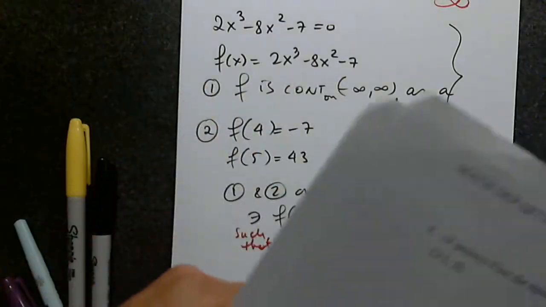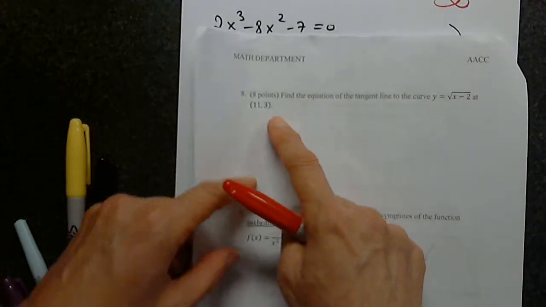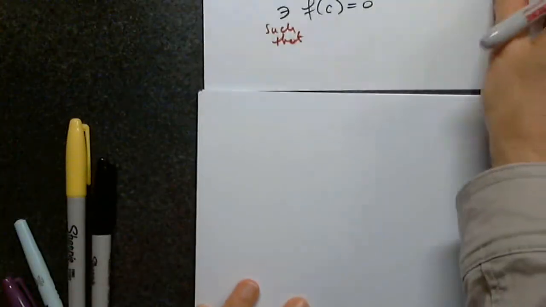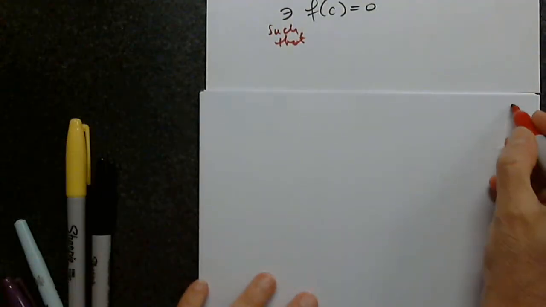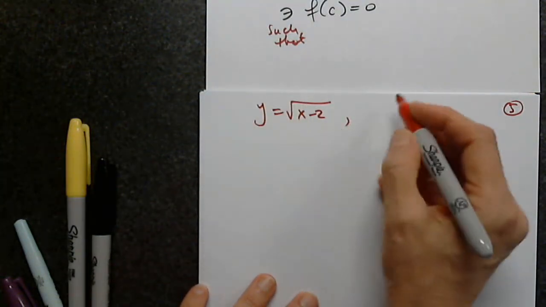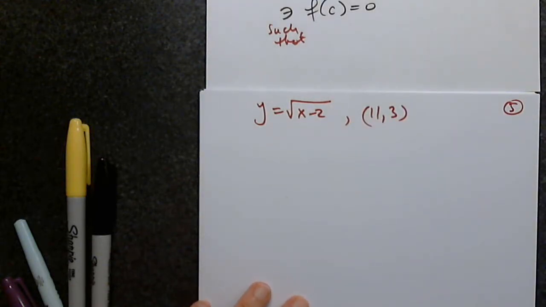Okay. Find the equation of the tangent line to the curve at 11, 3. How do we do this? So we are given y equals the square root of x minus 2, and we are given the point 11, 3. So we're asked to find the equation of the tangent line.